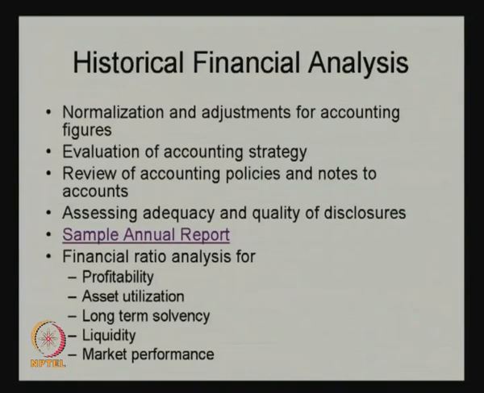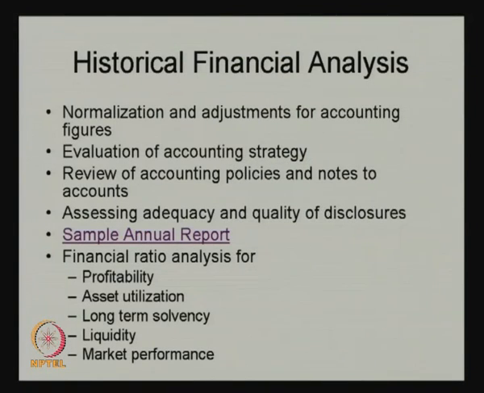The first one is profitability, in terms of the revenue generated: net profit margin, operating profit margin, gross profit margin, that is, how much profit they are creating in relation to sales. Then profit in relation to investment, like return on investment, return on capital employed, return on net worth, return on equity, earnings per share. All those can be found out and compared for different companies, to decide whether the company is doing well or not.